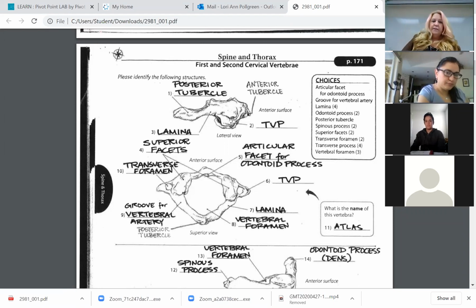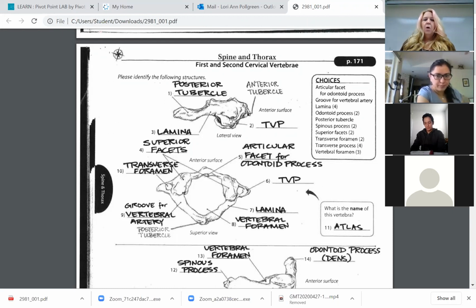Number 6 is the transverse process. Again, looking at it from the top, you can clearly see those little side wings sticking out. Number 7 is the lamina. And then remember, foramen is the hole. So vertebral foramen, that opening in the middle that our spinal cord would run through. And instead of it being a lamina groove, when we are up in C1, it's an actual groove for the vertebral artery to come out.